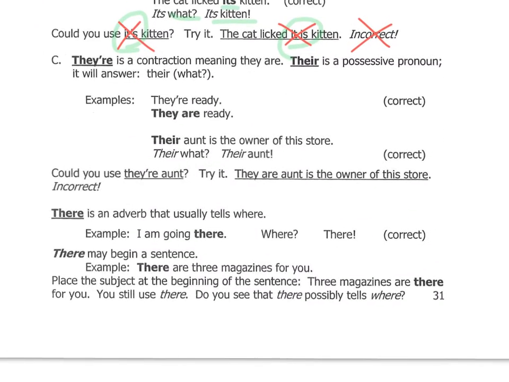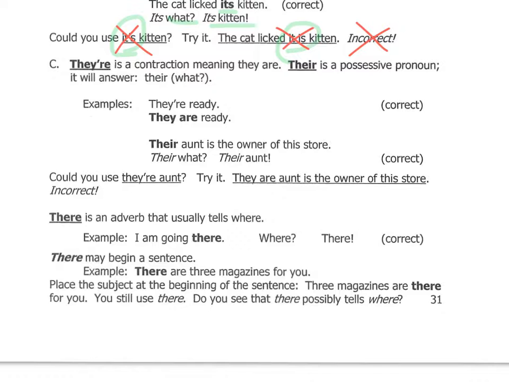Let's look at C. They're, T-H-E-Y apostrophe R-E, is a contraction meaning they are. Their, T-H-E-I-R, is a possessive pronoun. It will answer their what? Examples. They're ready.